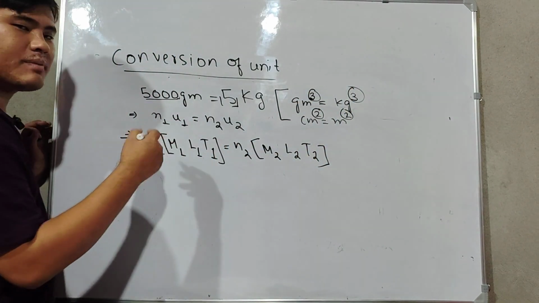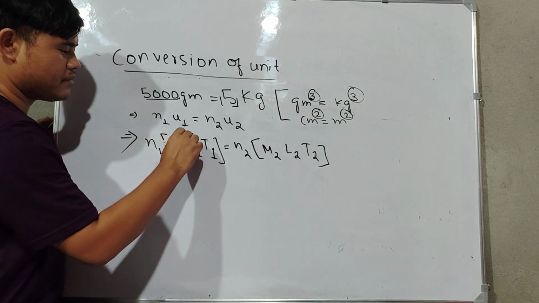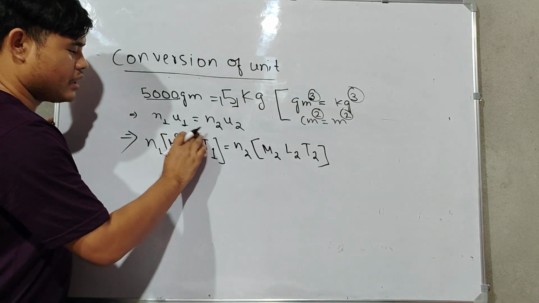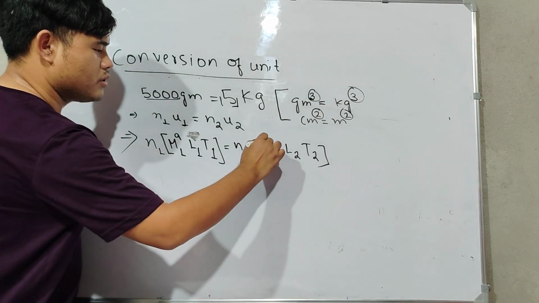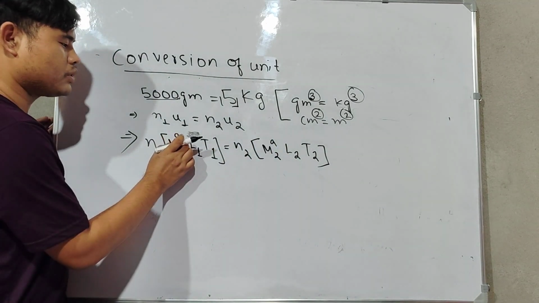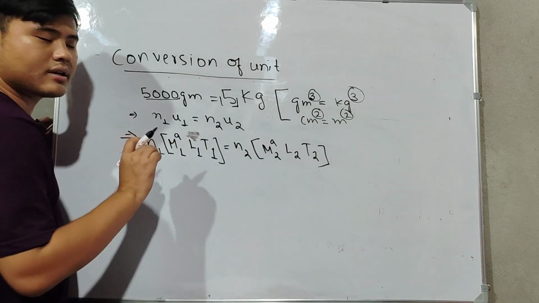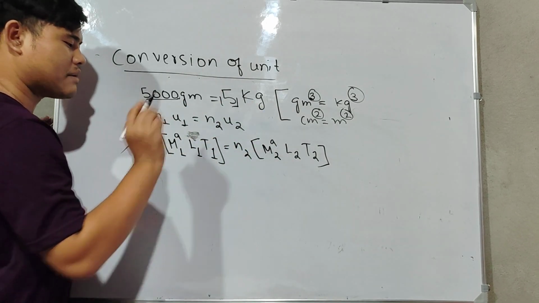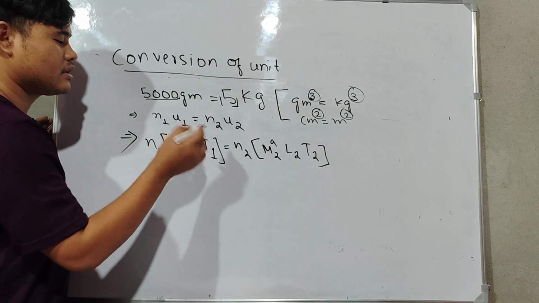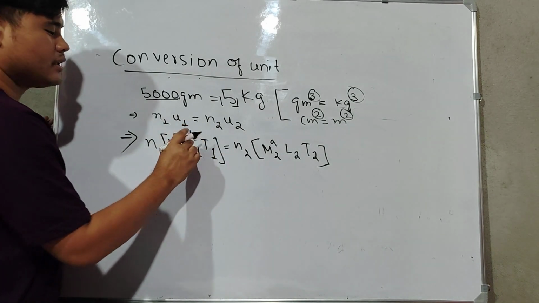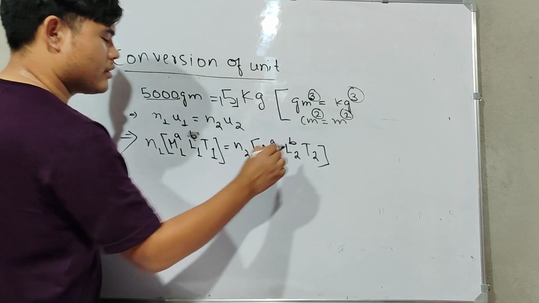So dimensions will remain the same means here also the dimension is the same. Say L1. So this M1 will also have the same dimension, because these both are mass, right? These both are mass. So they will have the same dimension. Similarly, for length, if I take the power here as B, then this will also have B only, right?